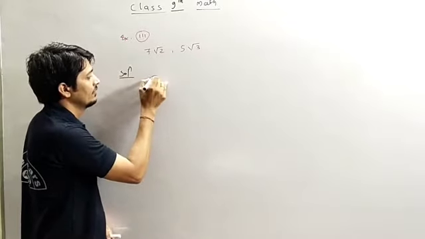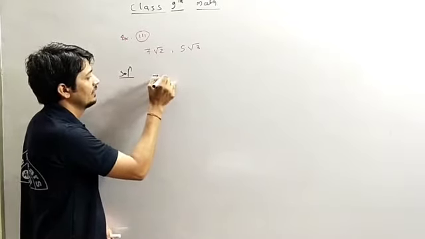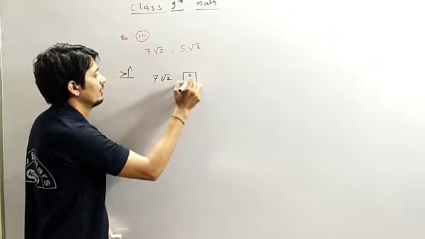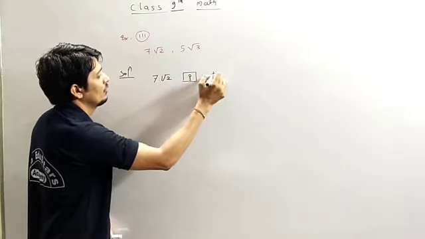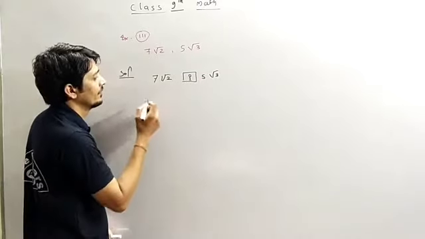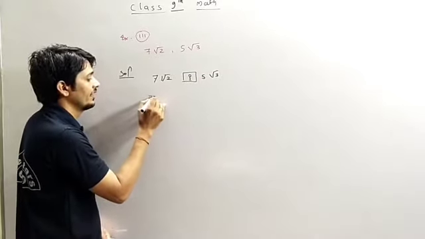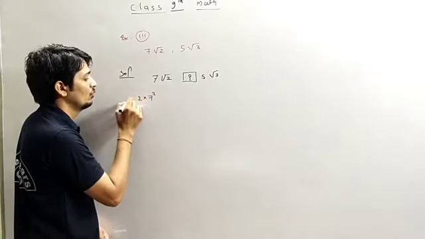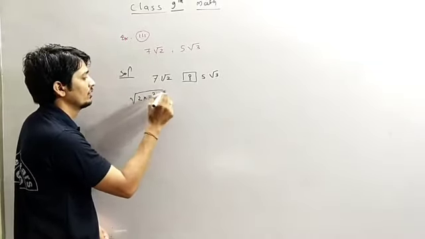So we have 7 root 2 and 5 root 3. So 7 will become square, into 2 inside the root.